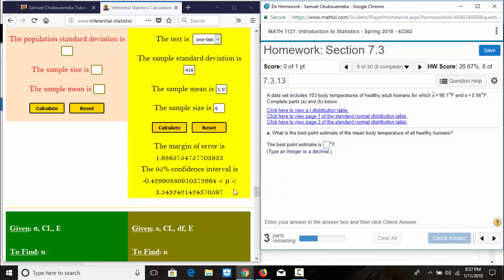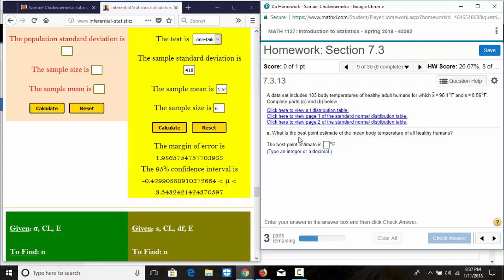Question 9. We can use StatCrunch here. A data set includes 103 body temperatures of healthy adult humans, for which the mean is 98.1 degrees Fahrenheit and the sample standard deviation is 0.56 degree Fahrenheit.